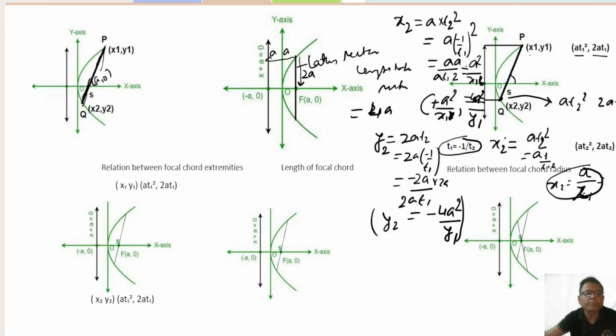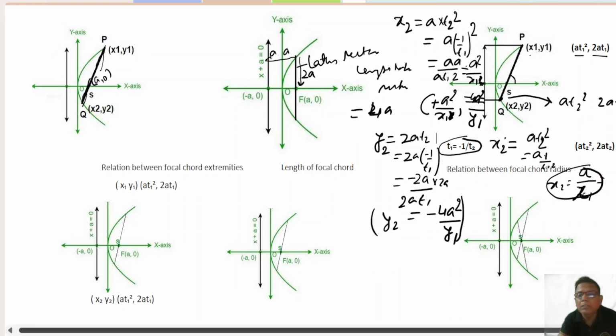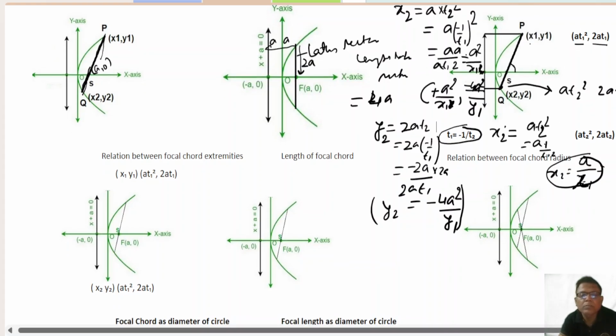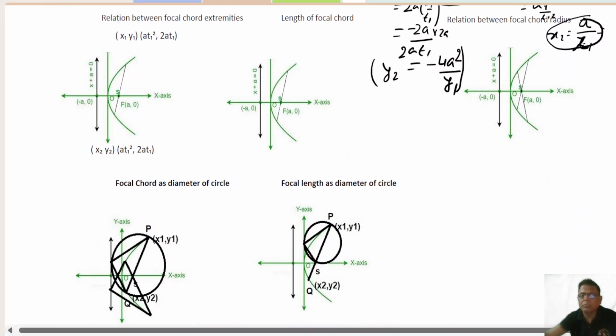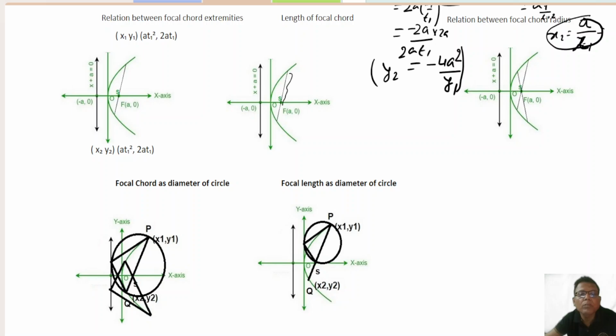Now let us find the focal distance of this chord. What is the length of this chord?